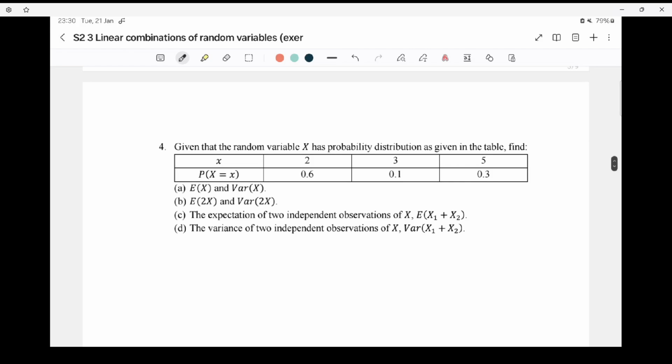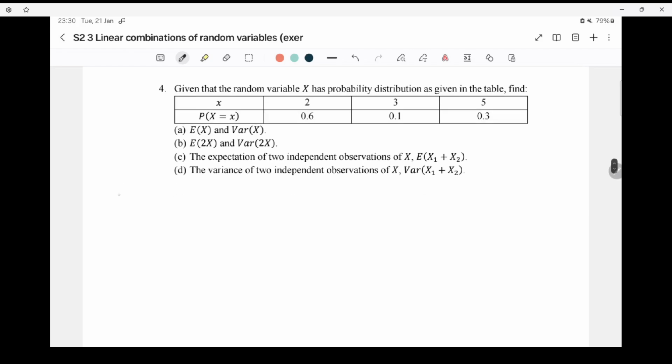Question 4. Given that you have this particular random variable x, find E(x) and variance of x. So E(x) will be 2 times 0.6 plus 3 times 0.1 plus 5 times 0.3. Calculate it, you get 3.